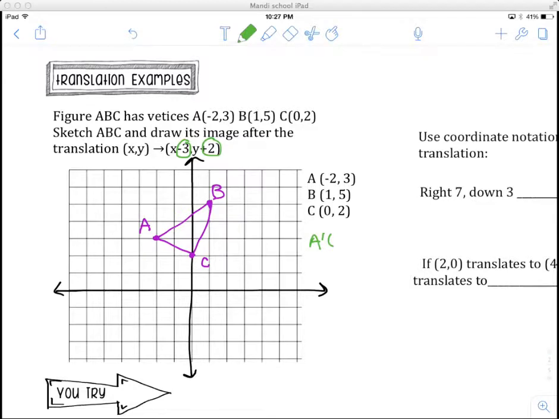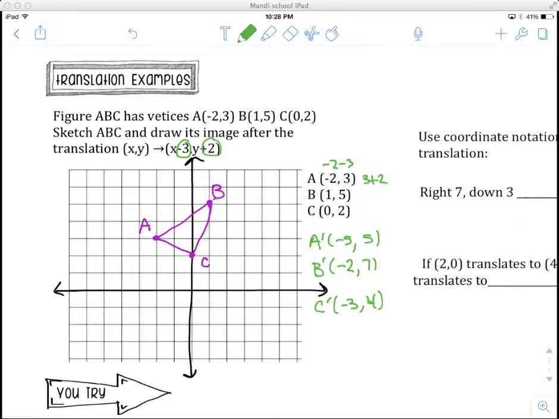So -2 minus 3 is -5, and 3 plus 2 is 5. So B prime, 1 minus 3 is -2, 5 plus 2 is 7, and C prime, 0 minus 3 is -3, and 2 plus 2 is 4.